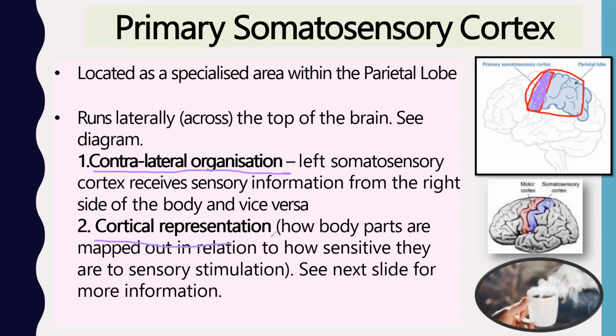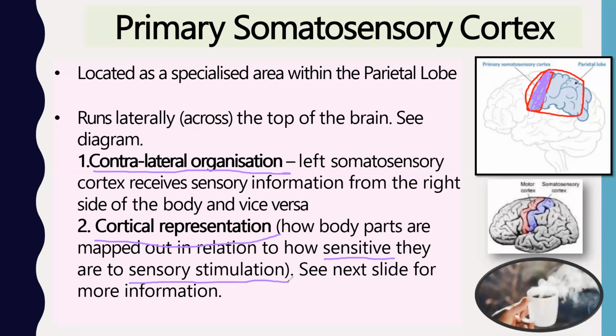Cortical representation is basically the same idea, but now rather than talking about body parts that we move a lot, we're talking about body parts that are more sensitive to sensory stimulation. Okay, so when we're talking about things like if I'm given a hot cup of coffee, the best way for me to feel how hot that is, or the body parts that will experience the heat from that very quickly, are my fingers as I hold the cup of coffee in my hands.